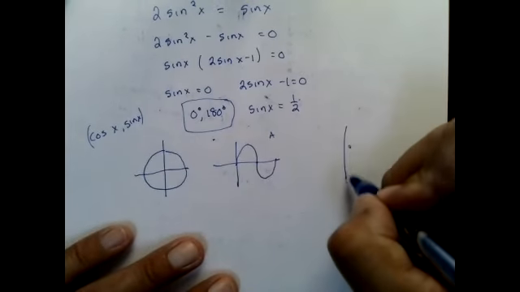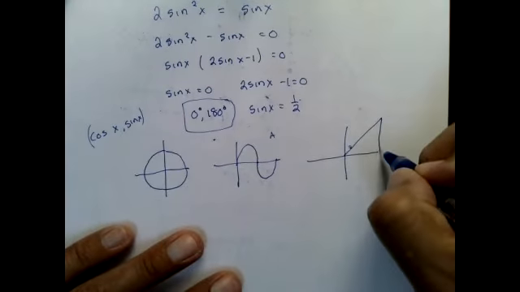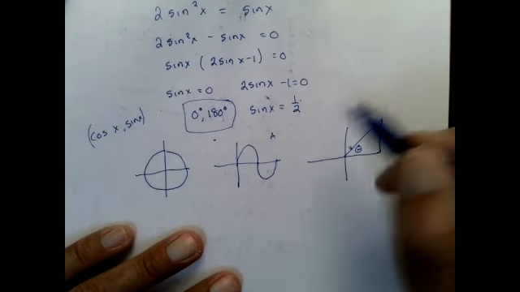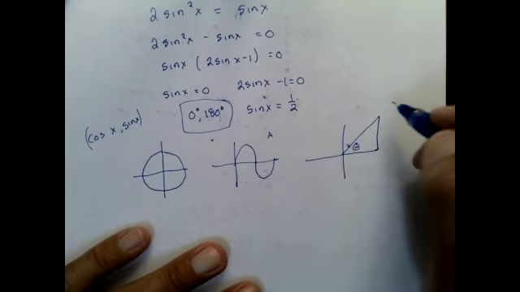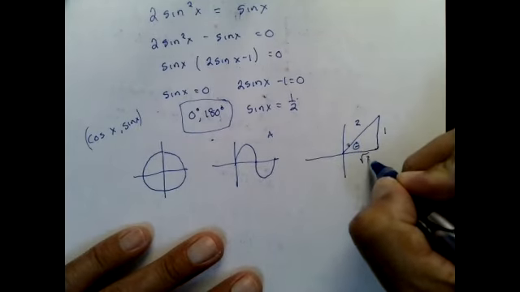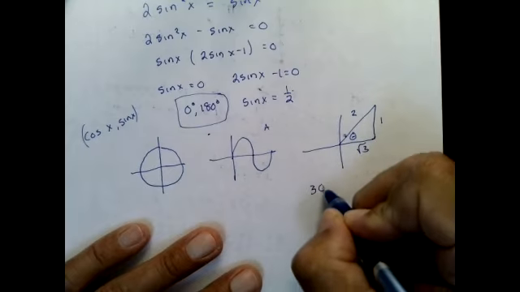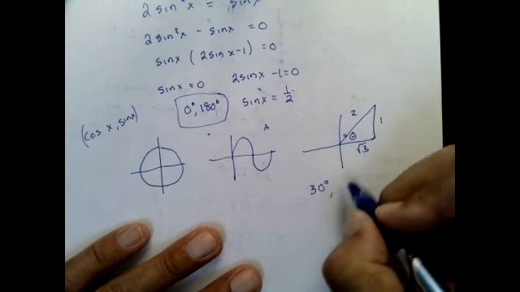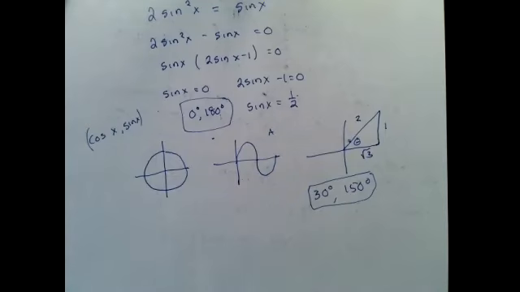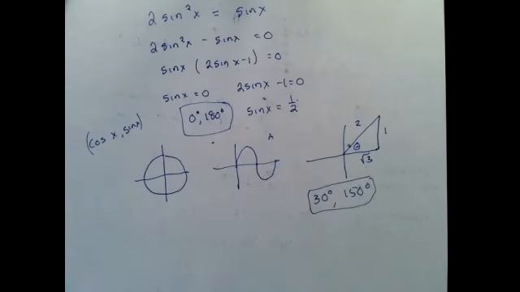I'll draw this, and this is my theta, and the sine is 1 opposite over hypotenuse 2, so the adjacent side is the square root of 3. X equals 30 degrees. And over in this quadrant, 150 degrees. So all 4 of those answers would make this statement true.